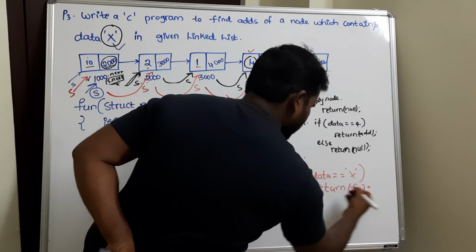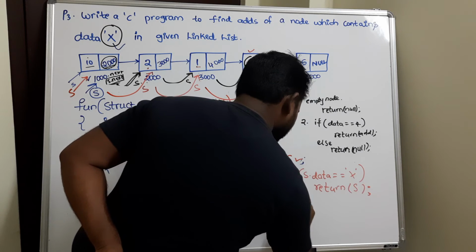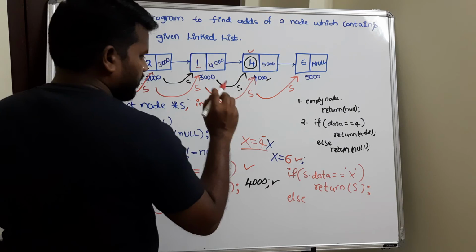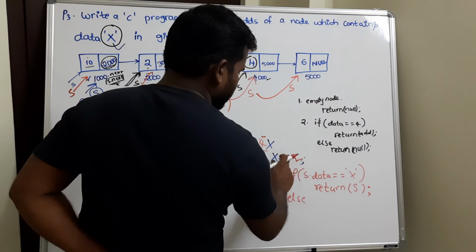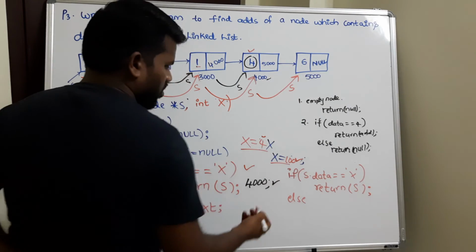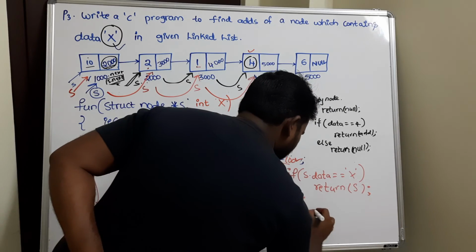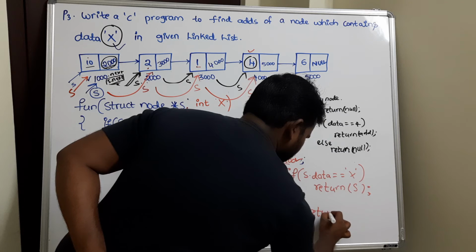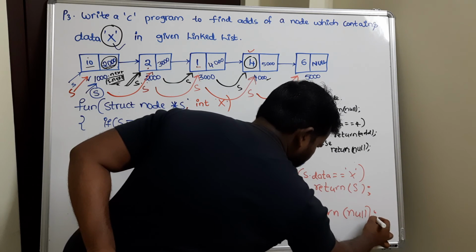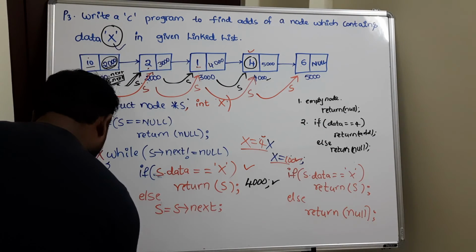Okay, else, see, if it is 6, then we will return s. For suppose this is not 6, this is 100. Even if 6 is not there, then what you do, return null. So this is the end of the program.